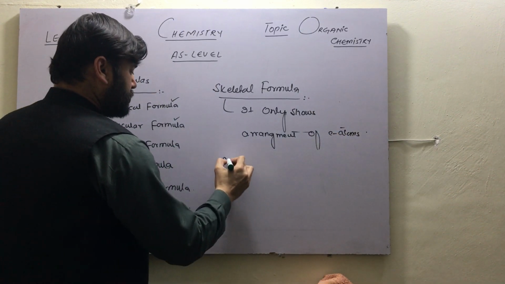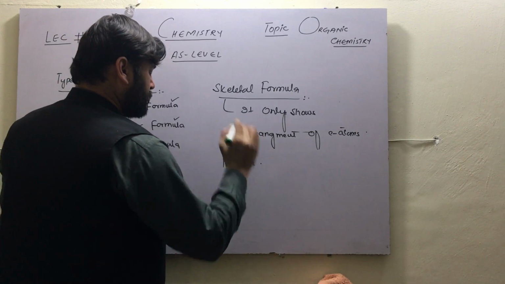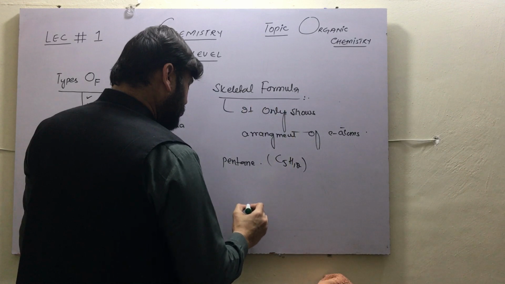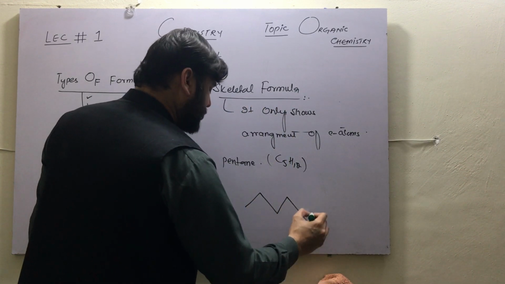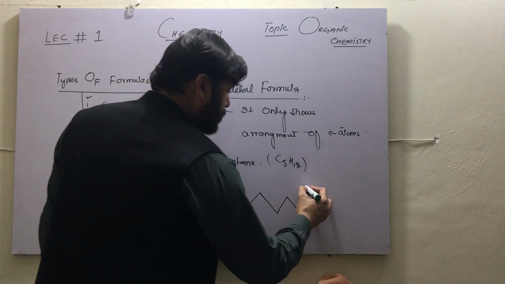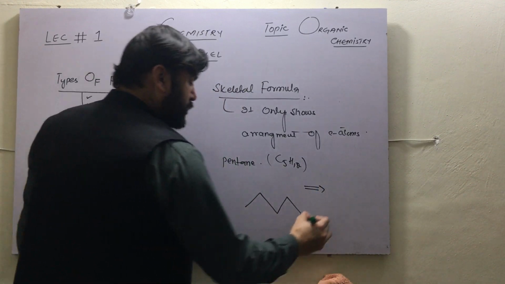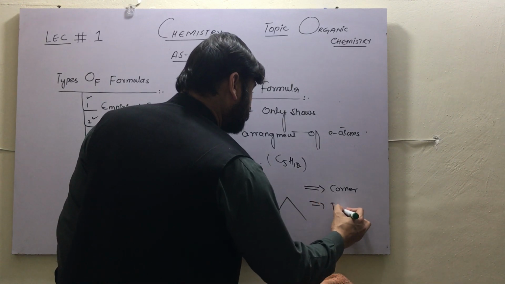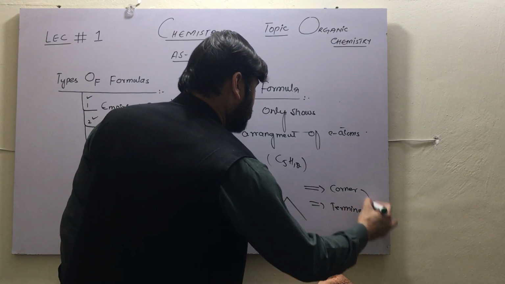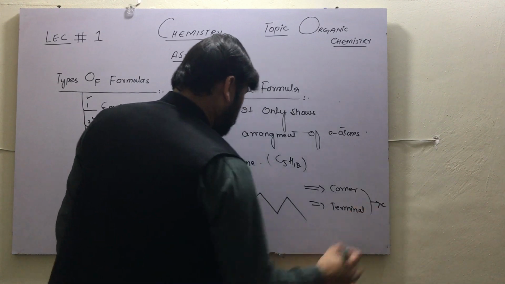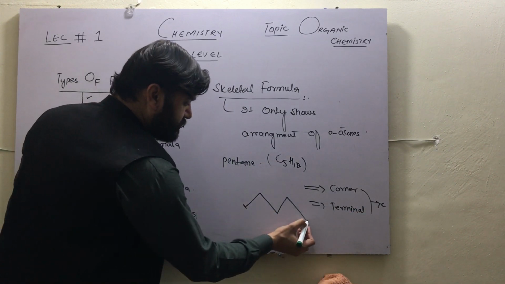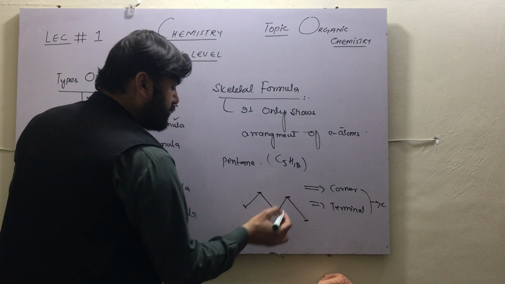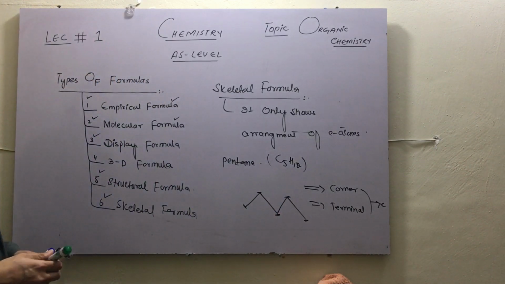Suppose pentane is the structure, the formula is C5H12, but in the skeletal formula we will make it in a zigzag manner. Now, how can we represent carbon? Every corner and terminal will be called carbon. This is a terminal, this is a terminal, so carbon will be present there, and these are the corners. So this is called pentane.